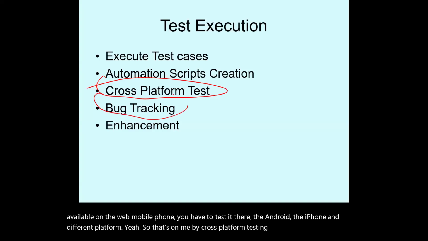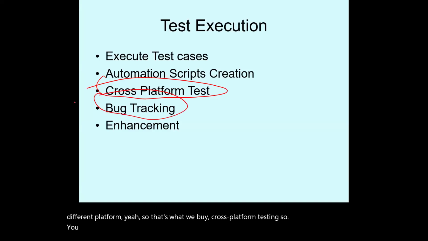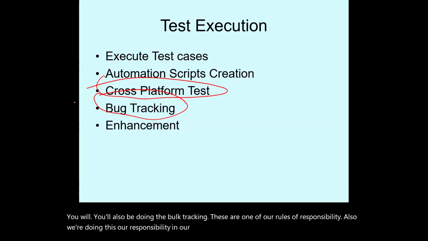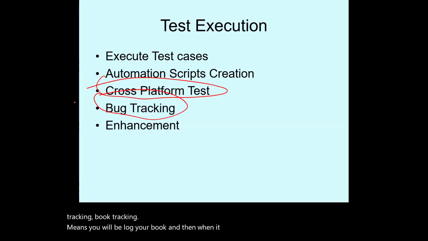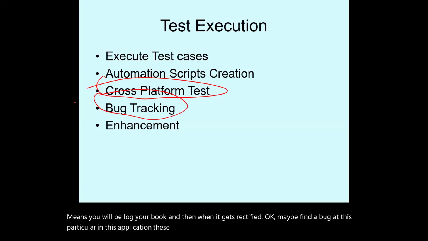So you will also be doing bug tracking. This is one of our roles and responsibilities in our team in this SDLC. Bug tracking means you will log your bug, for example, you find that in this application, this thing is not logging in. It's giving a bug. You know what a bug is, right?